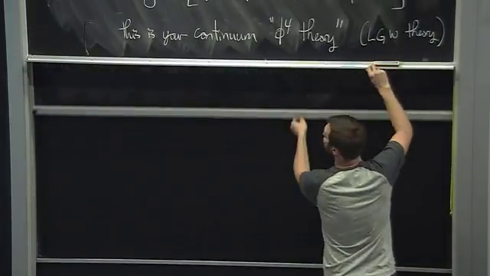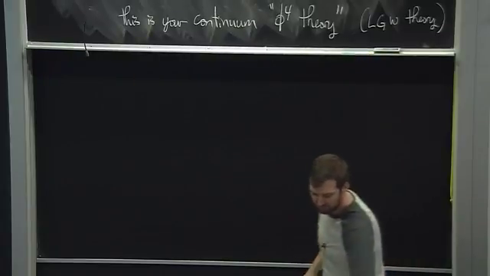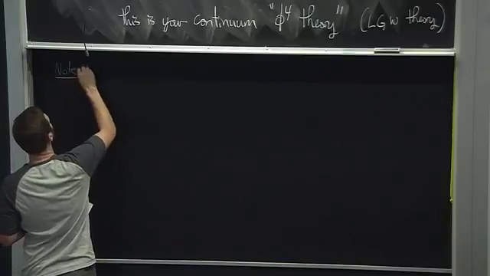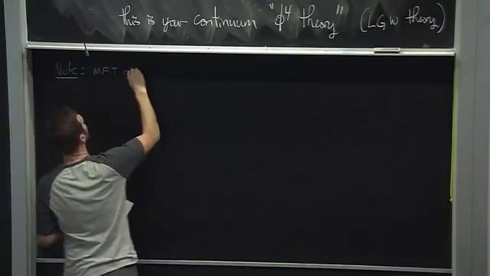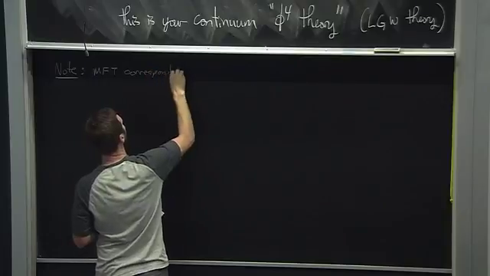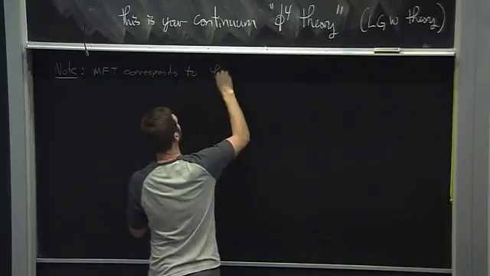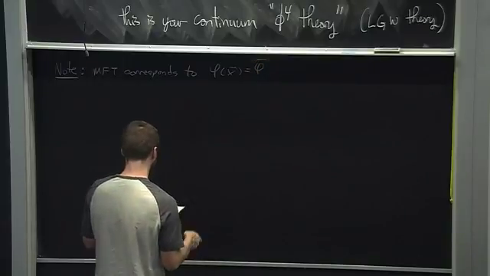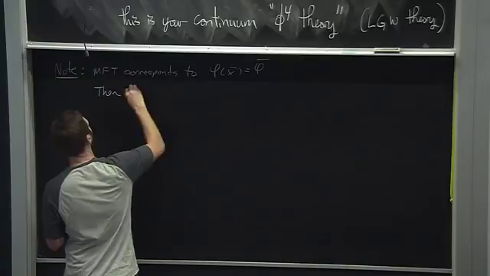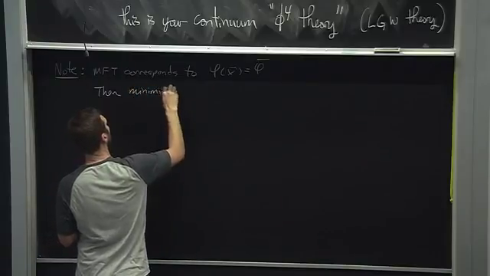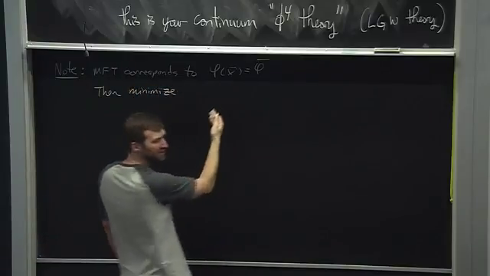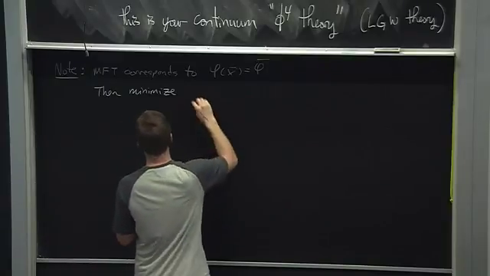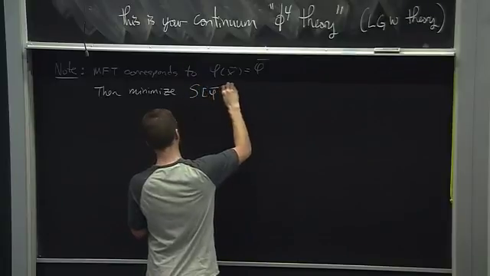Ignore all fluctuations in space in your field theory, and you get the mean field theory. Then you just minimize this thing.